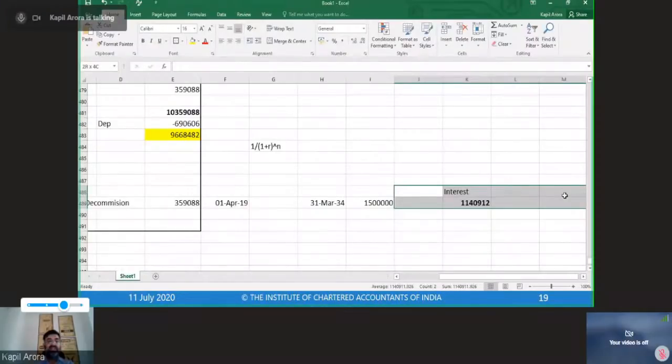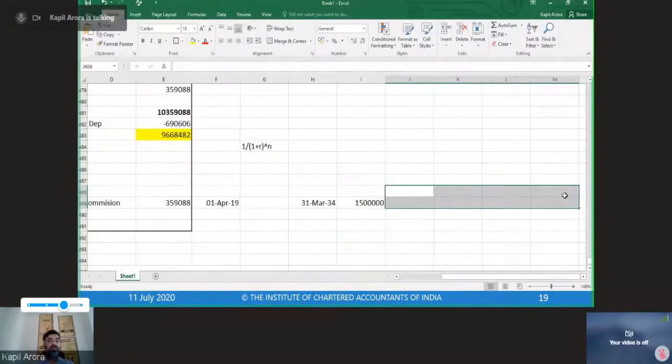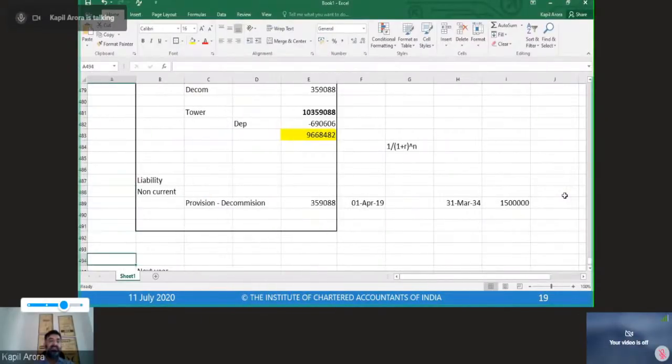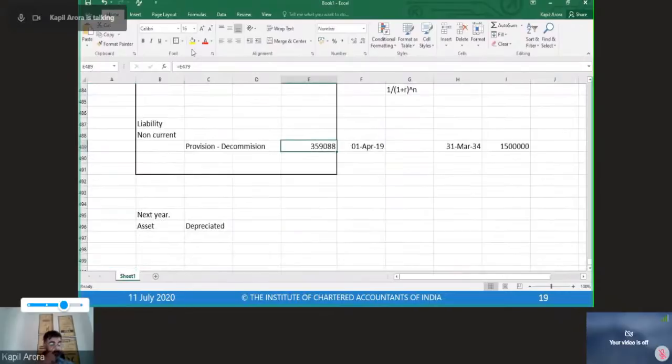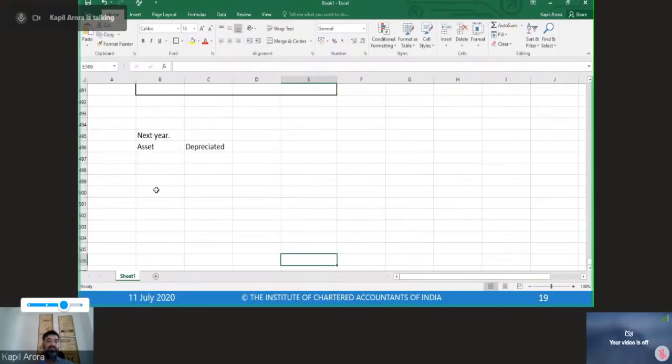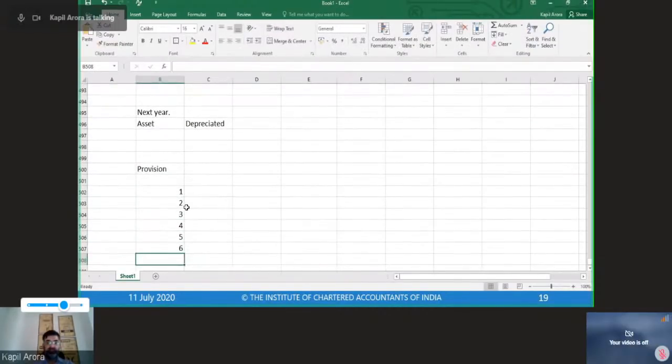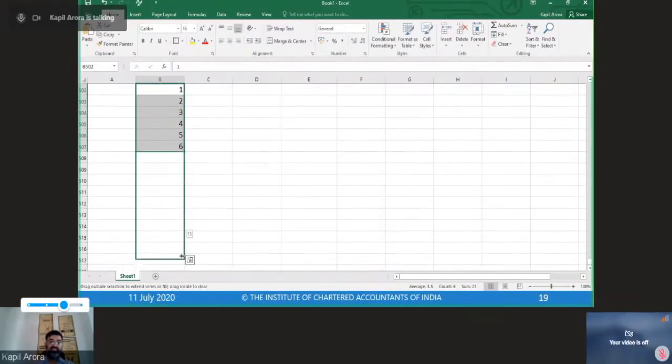How this will be spread over 15 years? Right? We have to pay 15 lakh. So I have to take this value, which is 3,59,000, to 15 lakh up to the end of 15th year. Now for that purpose, I create a note where I show provision note. I have number of years. So I have to do this calculation over 15 years.